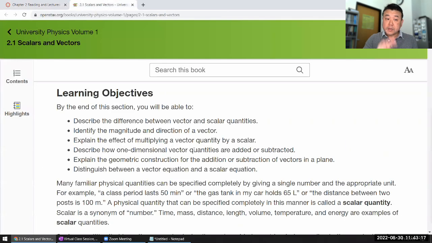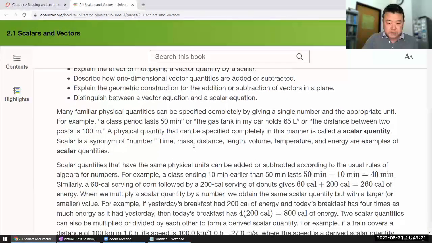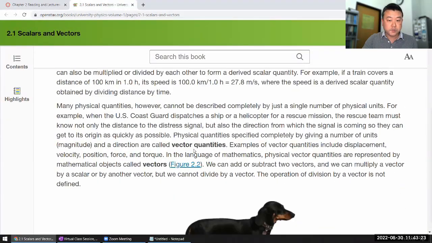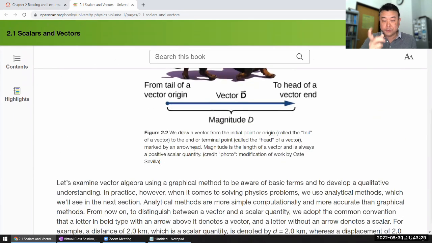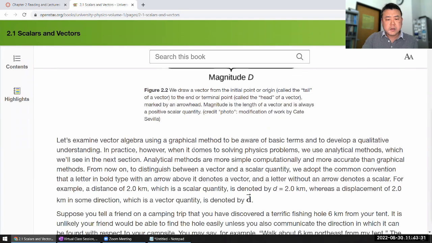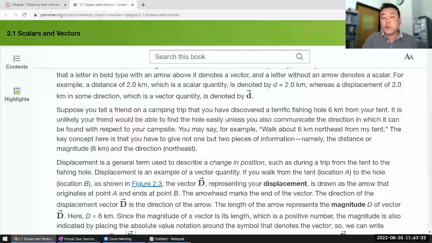So within this textbook section, they introduce this notation that you will see used for vectors. And I want you to highlight that and watch out for this convention.